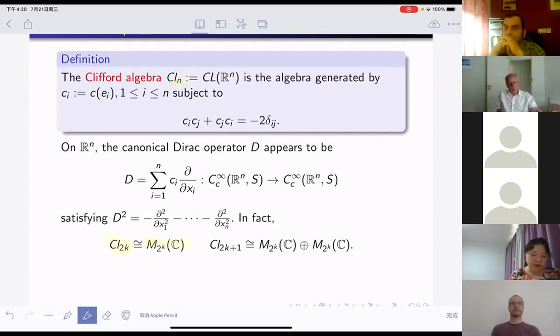And this matrix algebra is 2 to the k by 2 to the k matrices. And in the odd case, it is a direct sum of two matrix algebras of rank 2 to the k.